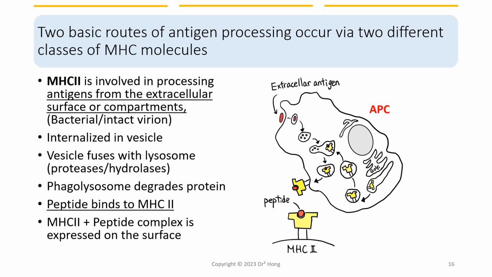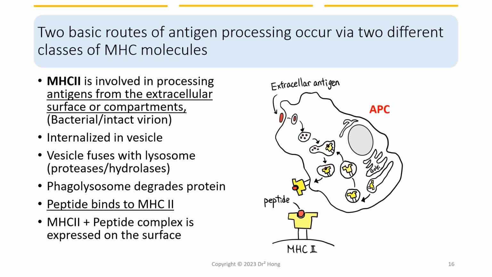These extracellular antigens are internalized and engulfed by antigen presenting cells into vesicles, and the vesicle fuses with the lysosome and is broken down by proteases and hydrolases within the phagolysosome. Those proteins are degraded into small peptide pieces, and these peptide pieces bind to the MHC class 2 molecule and are presented on the surface, forming the MHC class 2 peptide complex on the surface of the APC.